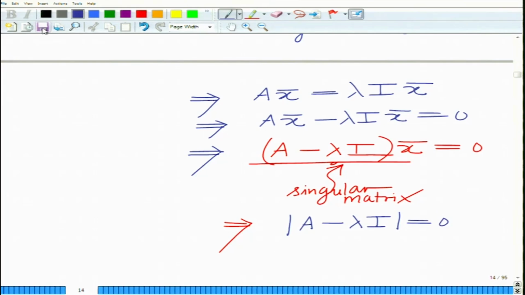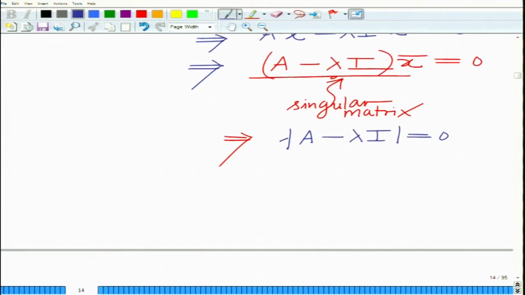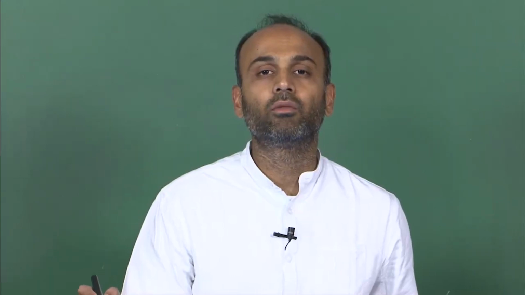Okay. So, we use this notation to denote the determinant. So, if lambda is an eigenvalue of A, that means the determinant of A minus lambda I equals 0.